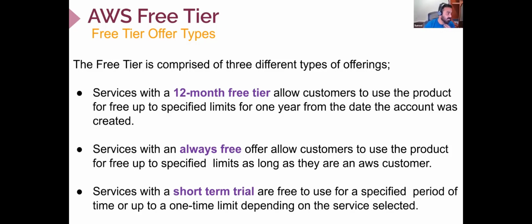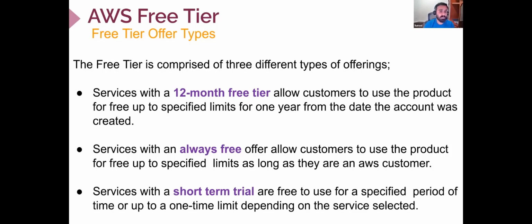The last one is services with a short-term trial, which are free to use for a specified period of time or up to a one-time limit, depending on the service. For example, if they launch a new big data processing service, they can't provide a free tier, because if we process GBs or TBs of data, they would have a lot of financial loss.